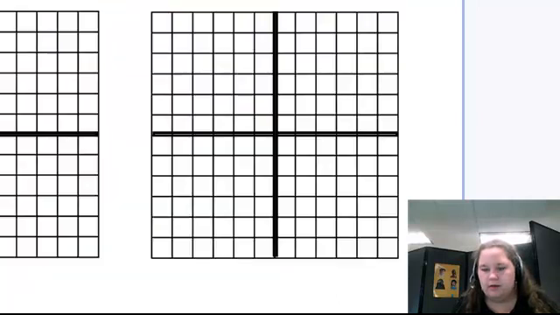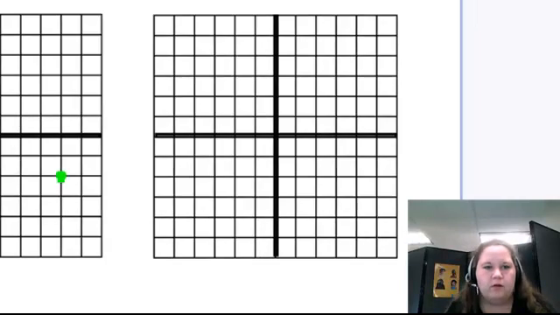Alright. So we're going to go to our own little graphs, and we're going to put this together and see if these are functions or not. Make my line a little bit thicker for this. Alright, so we're going to do (4, -2). So 1, 2, 3, 4, -1, -2.